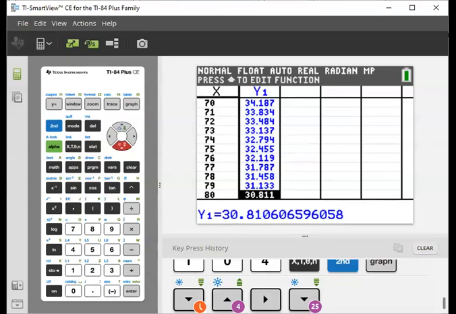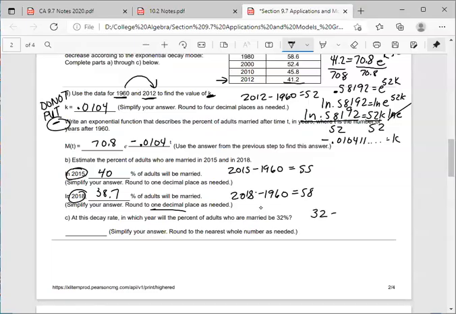So we're asking, when is our formula, our 70.8, this formula that we came up with in the beginning, when is that going to be equal to 32?